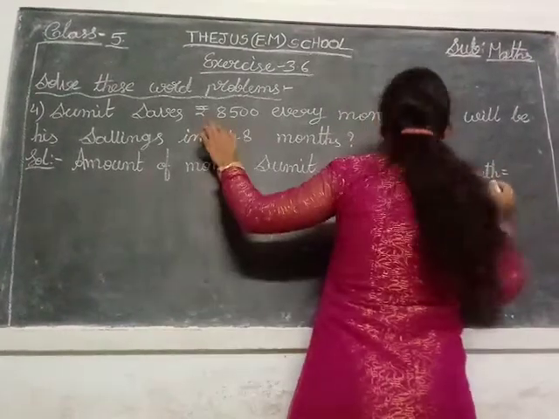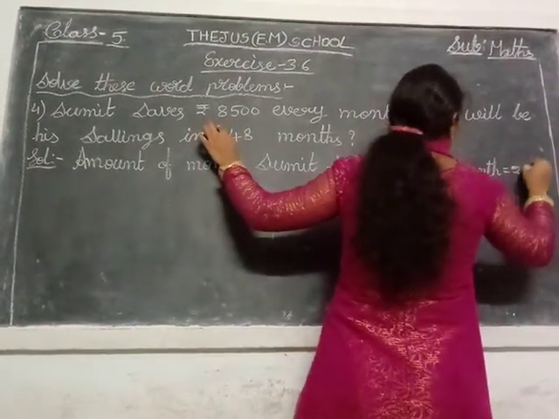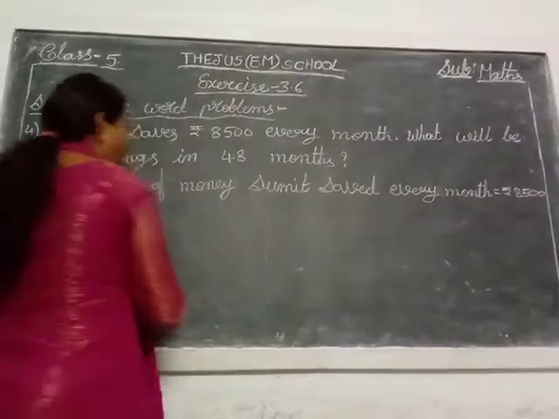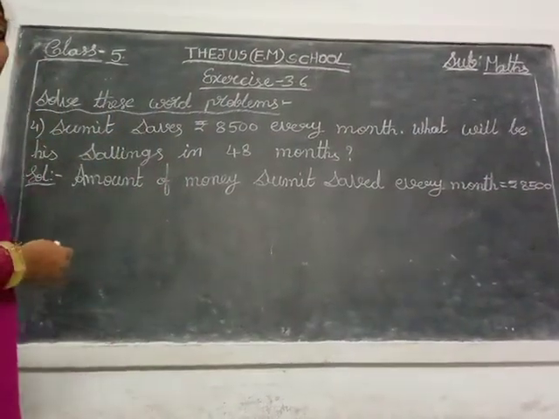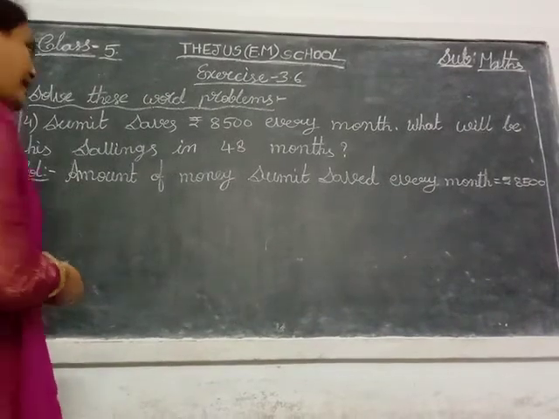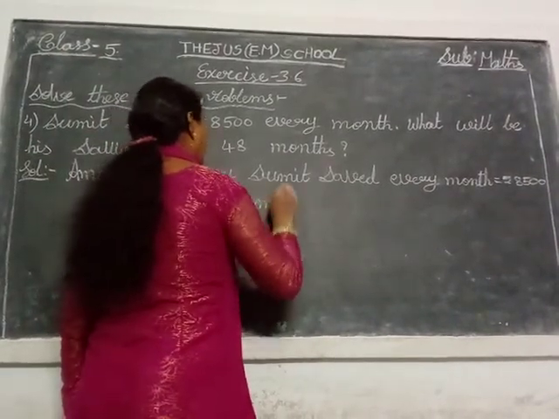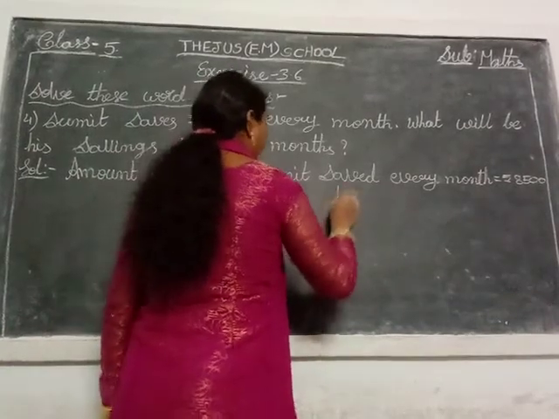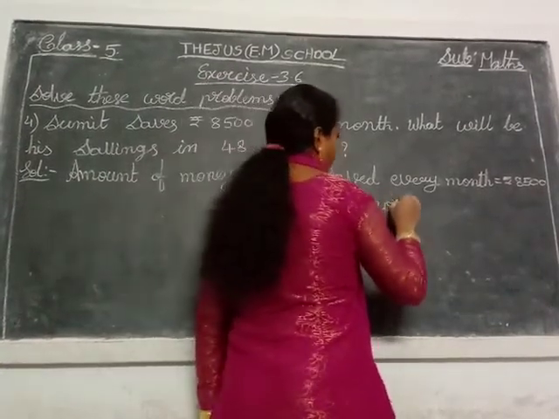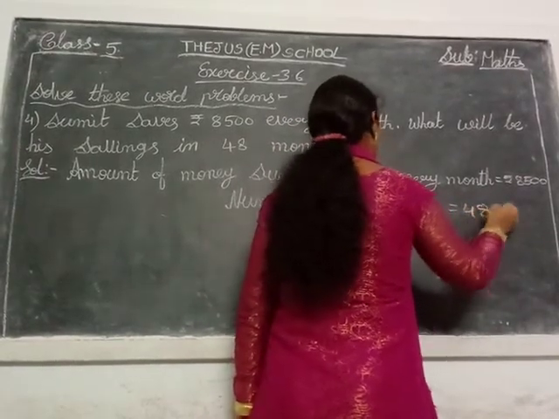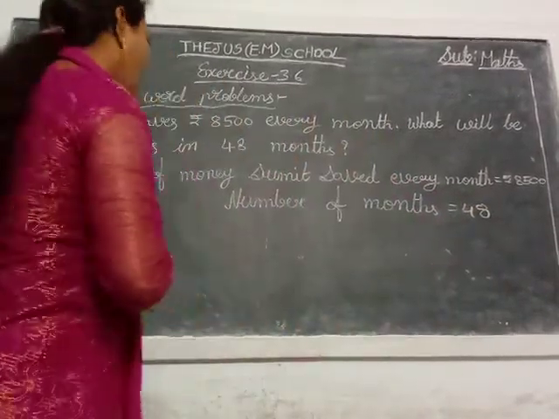How much, children? 8,500 rupees. Next, how many months are given here? He is given how many months? 48 months. So here you write number of months, 48.